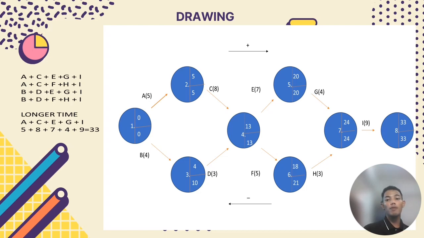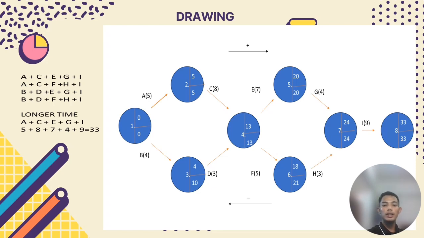For activity number 4, the highest result will be taken first. The way to find the highest number: 8 plus 5 you get 13, and 4 plus 3 you get 7. So the highest number is 13.